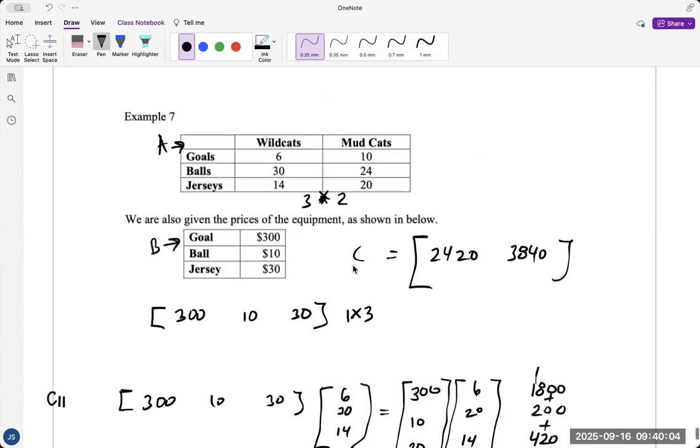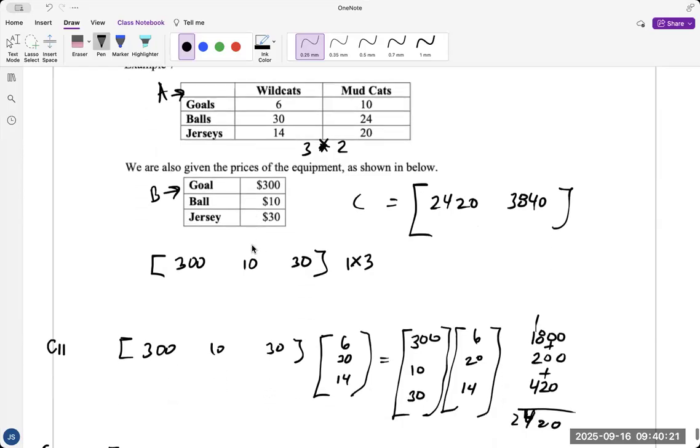Of course, if I asked you to figure out how much money the Wildcats actually spent on their equipment, you would just take 300 and multiply it times 6, 10 times 30, and 30 times 14, which is what we did, and add it all together.